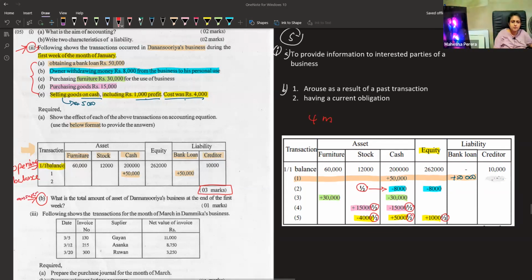Right, if I help you now, here you have to calculate the total amount of assets. Now we have several assets here, right? We have furniture, the stock and cash. So what to do now? You have to find each asset's closing balance at the end of the first week.